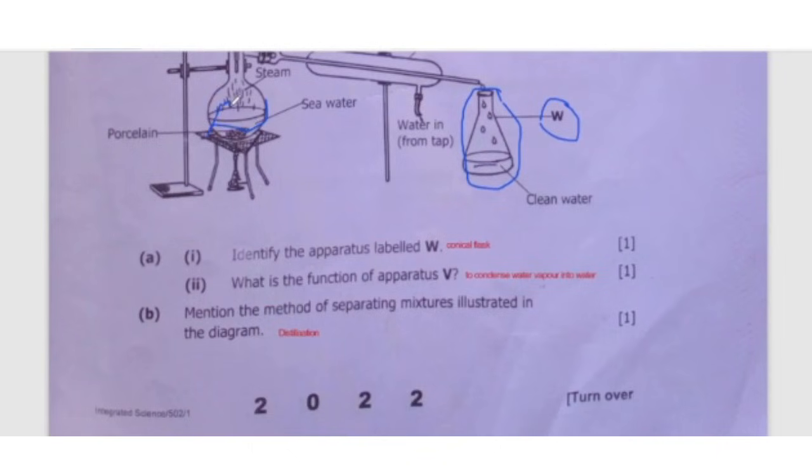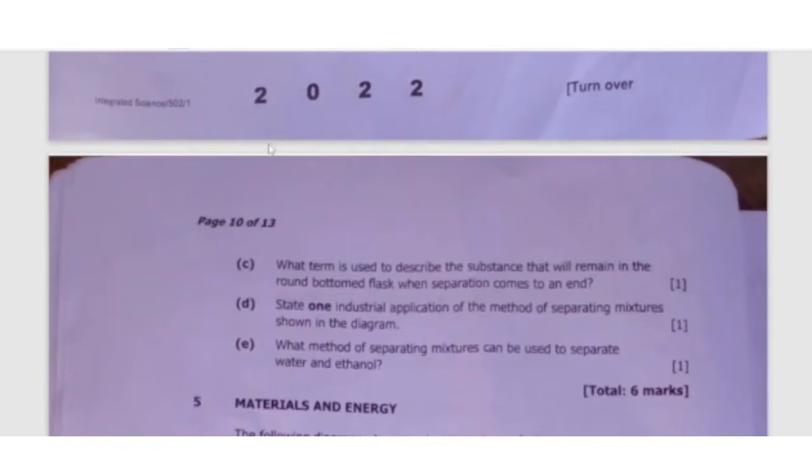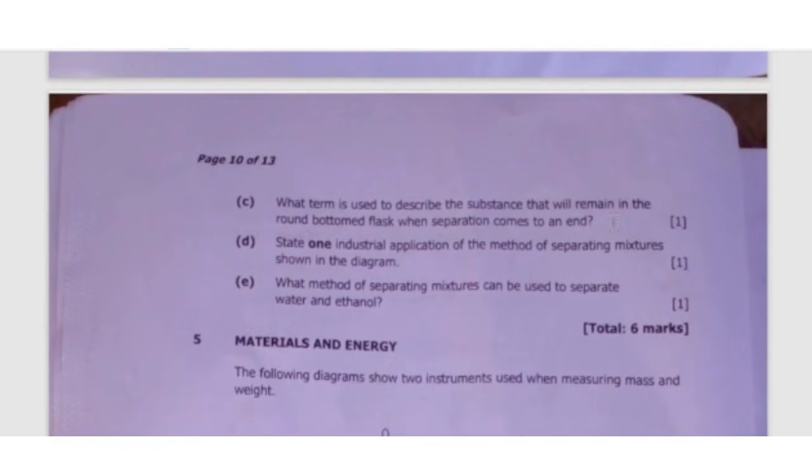What will remain after the experiment or the separation has come to an end is what we call residue. It's called the residue. That's the name of what will remain there.